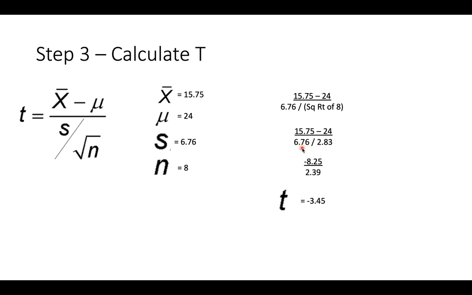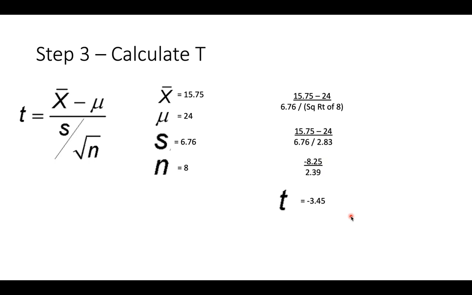So we go 6.76 divided by 2.83 gives me a denominator of 2.39. We take our difference score between our sample and our population mean, and that gives me negative 8.25. So negative 8.25 divided by 2.39 gives me a final t-test statistic of negative 3.45.